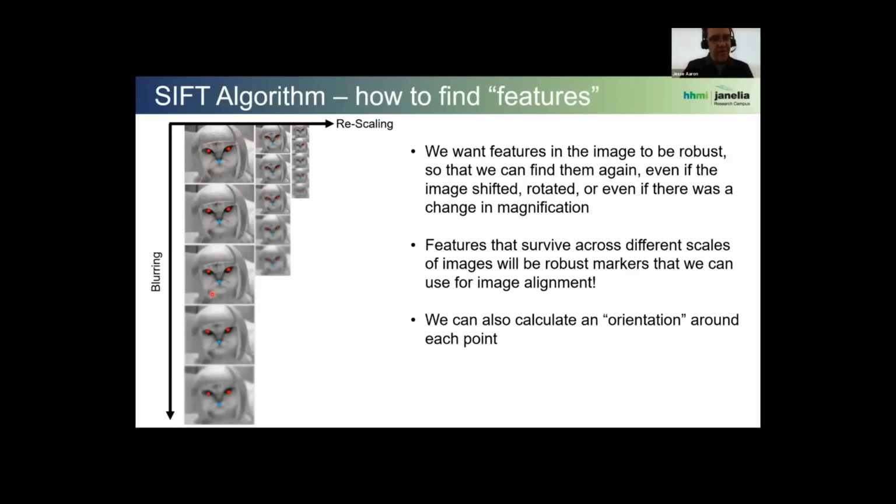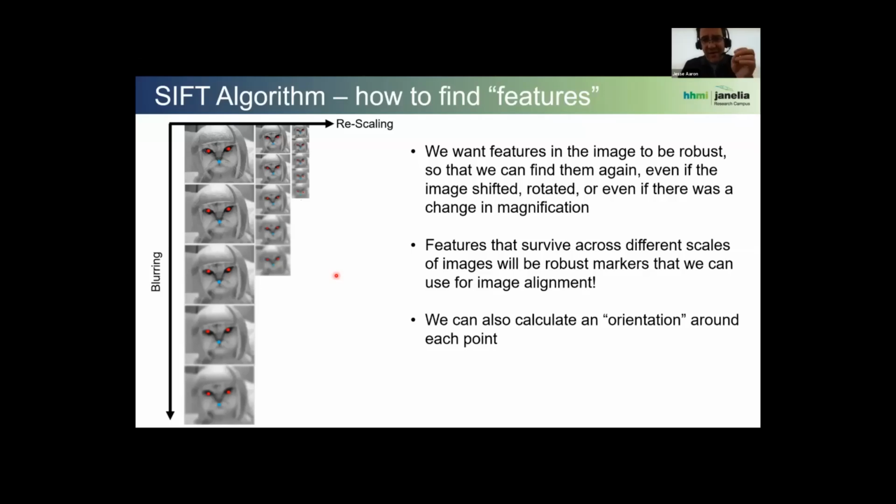By comparing the differences between these blurred images, we can find areas in your image that show very clear edges or discontinuities, which are good indicators that there's some kind of interesting object there. And if we compare what we get at different scales, we can start identifying features in an image that aren't going to go away too much if we have to rescale, remagnify, or rotate the image.